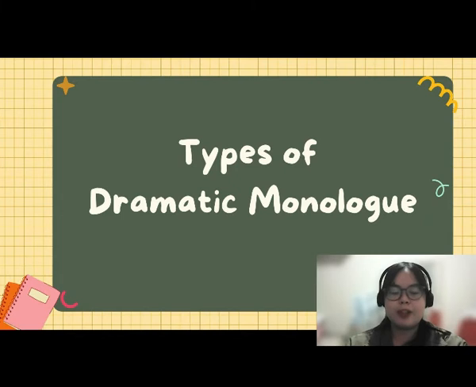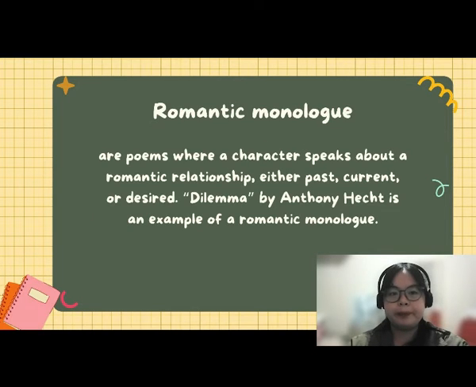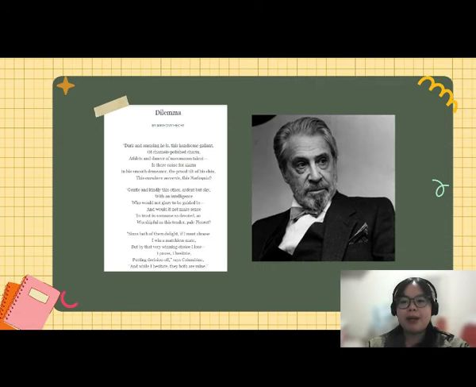Okay, let's proceed to types of dramatic monologues. The first type is romantic monologue. These are poems where a character speaks about a romantic relationship, either past, current, or desired. Dilemma by Anthony Hecht is an example of a romantic monologue.